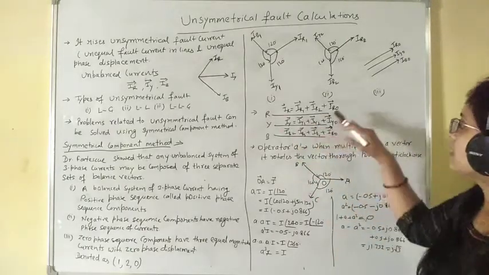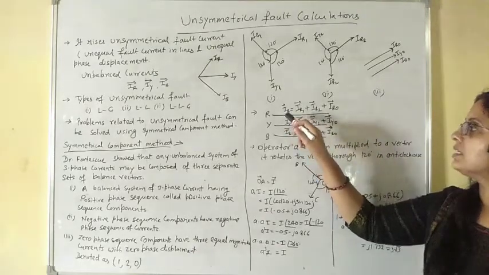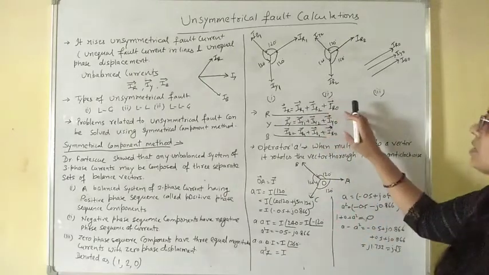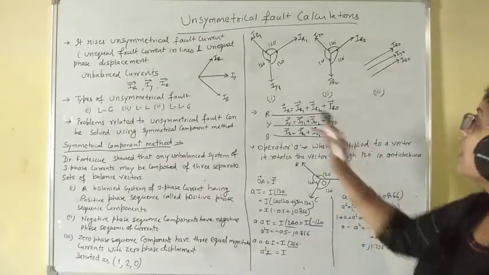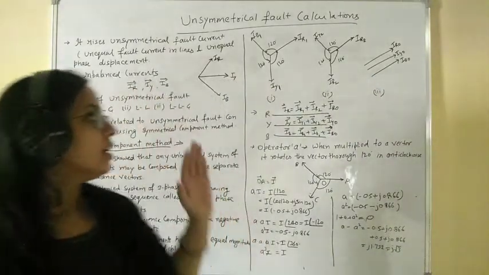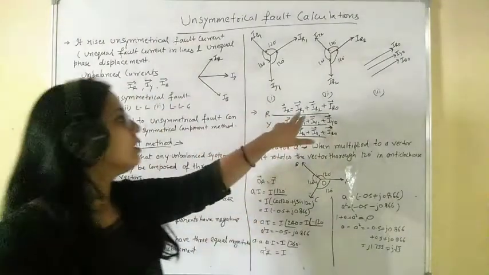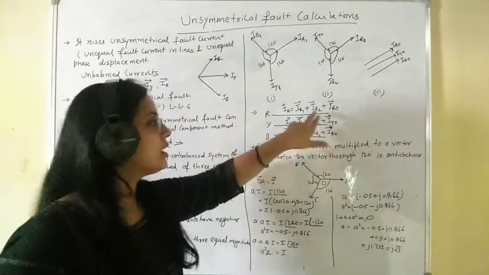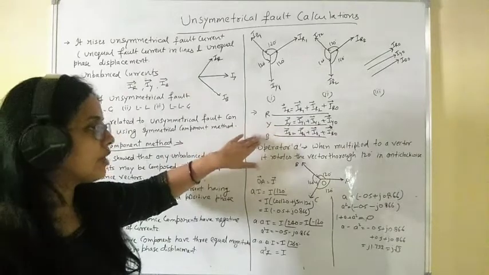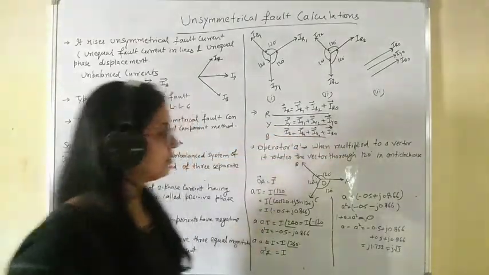So in the line diagram we can represent our line currents as IR equal to IR1 plus IR2 plus IR0. That means the line current in R phase can be divided as the vector sum of positive sequence current, negative sequence current and zero sequence current. Similarly, phase Y and phase B have the same type of currents.